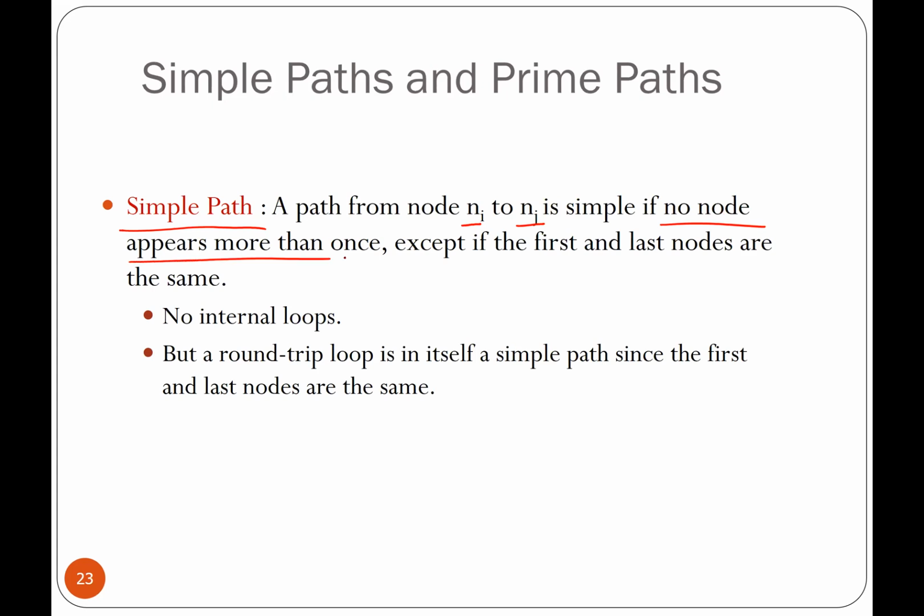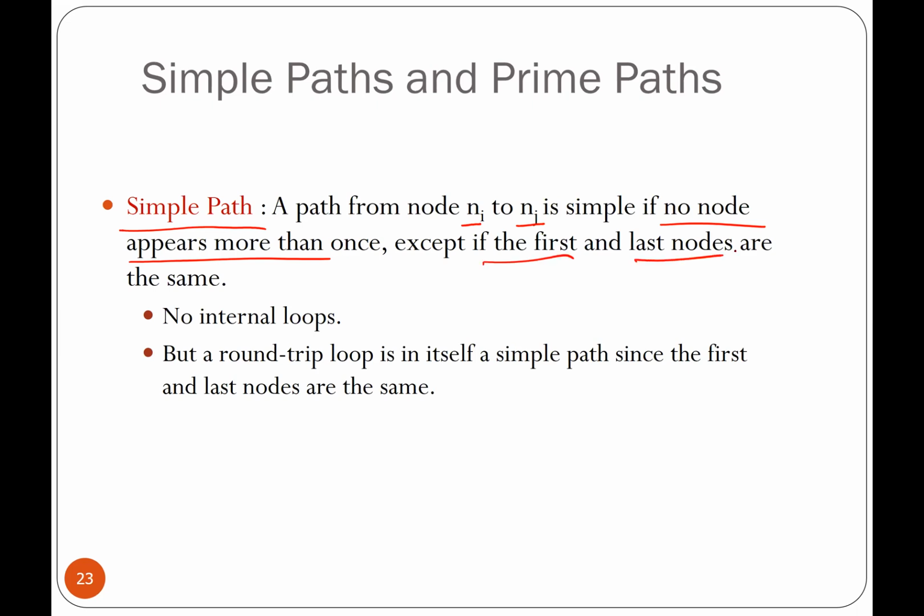If I have a node called number 3, I should not see number 3 more than once in that path. This is to avoid loops, because if I'm seeing number 3 showing up over and over again, that probably means I'm doing loops. The only exception is if the node I'm seeing twice happens to be the first and the last node.